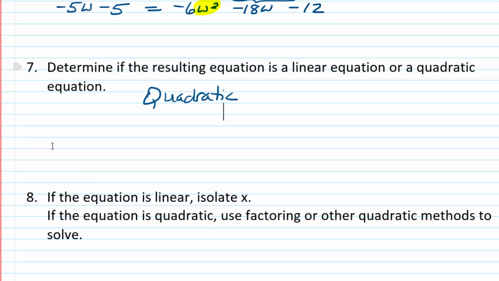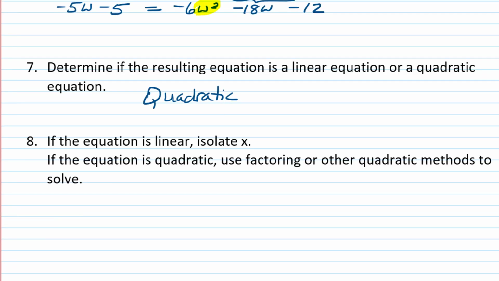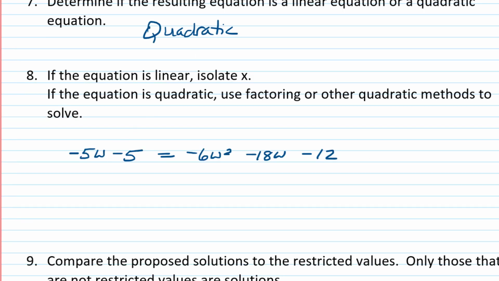So step 8 depends on if we have a linear or quadratic. Since we have a quadratic, we have to use factoring or other quadratic methods to solve. In particular, in this case, I'm going to try to get the quadratic equation into what's called standard form, which means 0 on one side. Since I prefer to always have a positive coefficient in front of the squared term, because that makes factoring easier, I'm going to actually move all of the terms on the right over to the left-hand side.